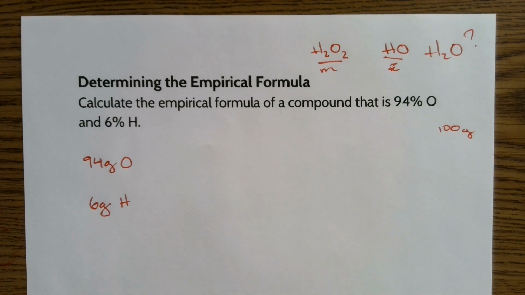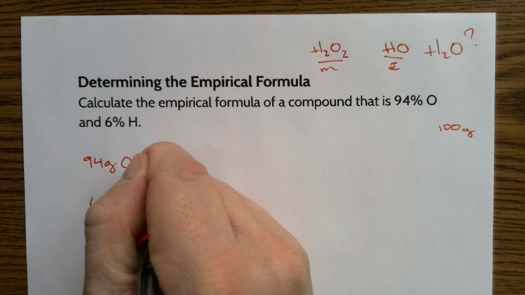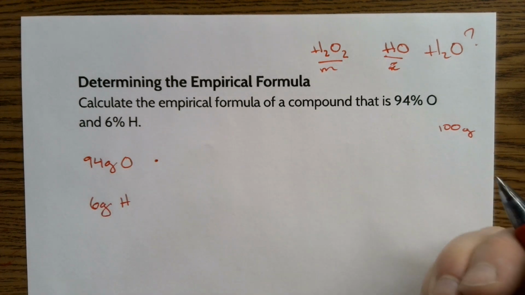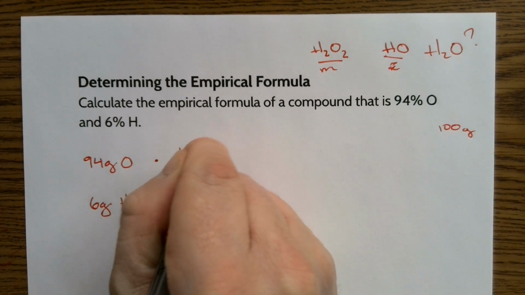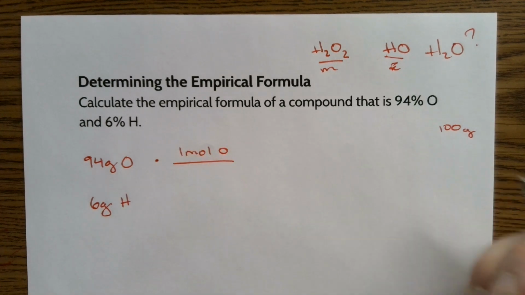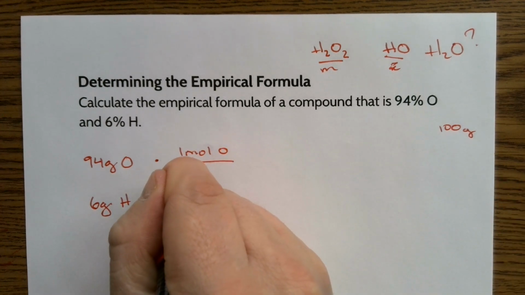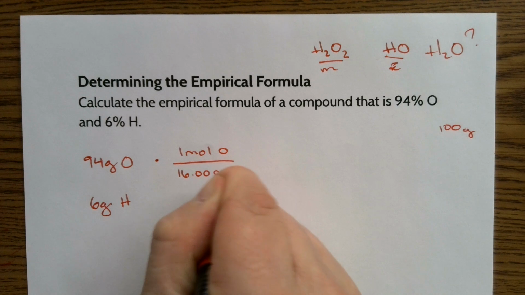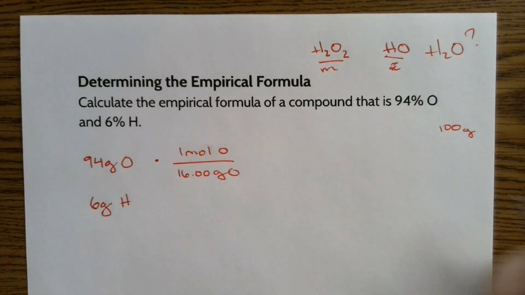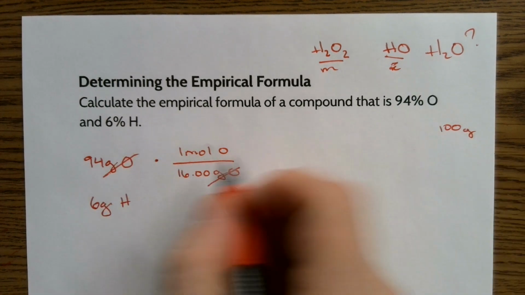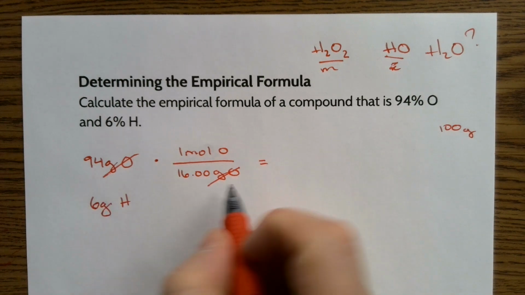Now we can make a comparison with our molar mass. So we're going to multiply this by 1 mole of oxygen, which is equal to 16.00 grams of oxygen. Our grams of oxygen cancel, and now we're left with moles. We're just converting our grams into moles.